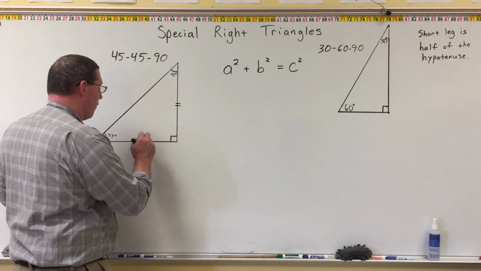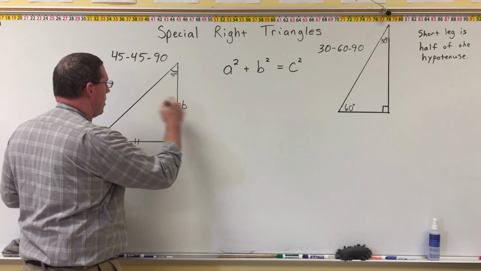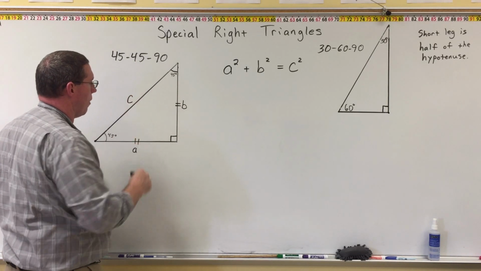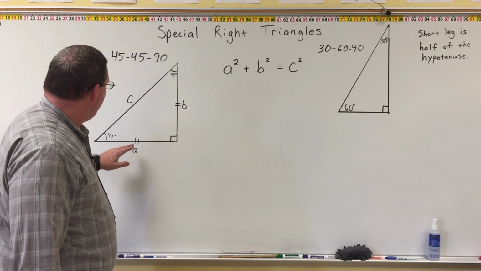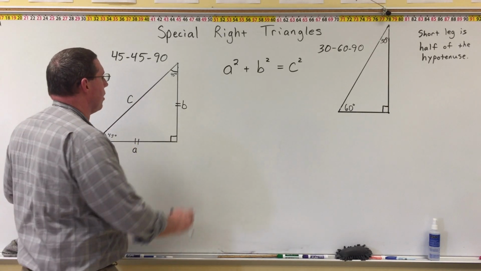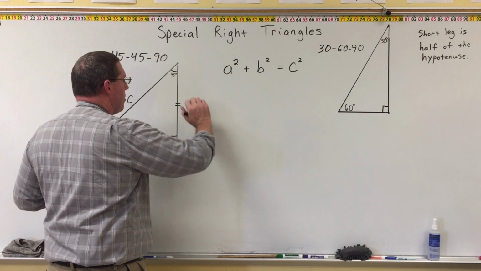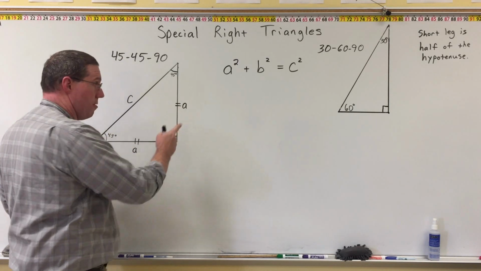All right, what's happening over here? We have a 45, 45, 90 right triangle. So let's say that this side is a, and we'll say that this side is b, and the hypotenuse is c, right? But the two legs are equal to each other. And because they're equal to each other, I can actually now replace b with a. I can say that there are two a's.